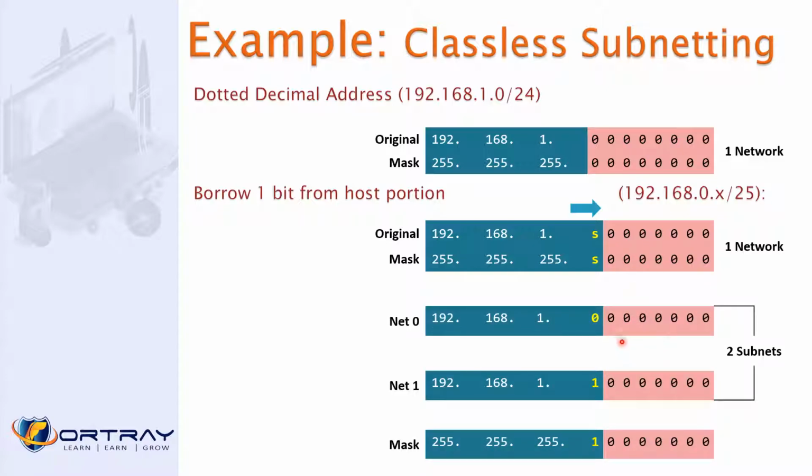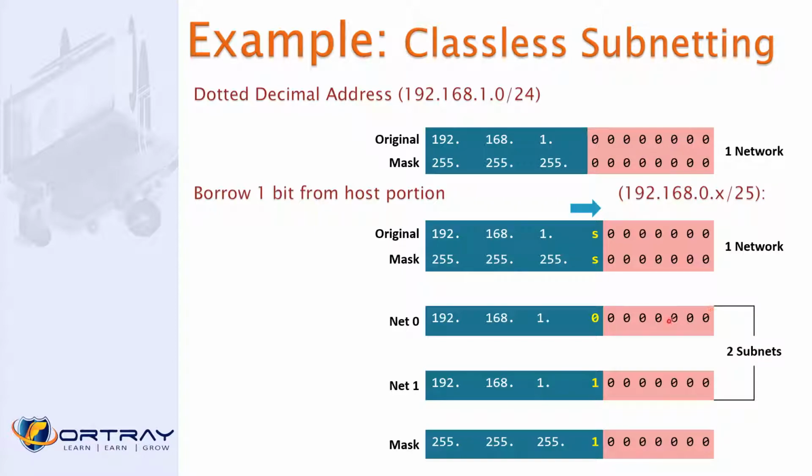Then basically, how many bits have we borrowed? 1 bit we borrowed. So when we borrow 1 bit, 2 raised to power 1 is 2, it means we get 2 networks. Is that clear? So 2 raised to power 1 will be 2 networks. Previously it was 256.